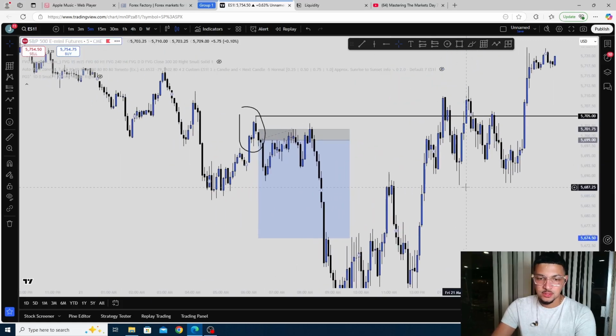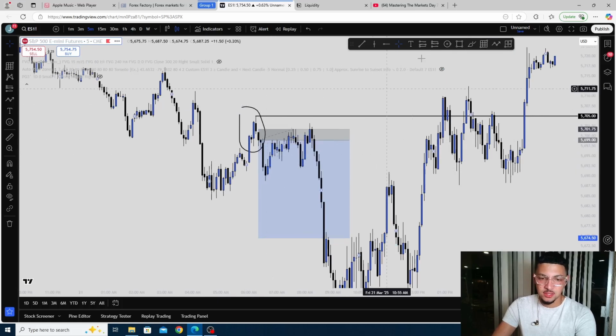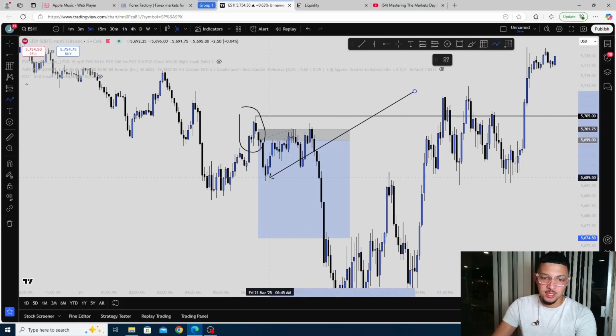Okay, so check this out. You would have got in right here. The market would have been in your favor, and what did the market do? The market literally retraced up again to your entry point. If you would have been break even after making money already, you would have got out, or it would have stopped you out still, because you see how the market came and grabbed liquidity again and came to your entry point and to your stop loss to take you out.